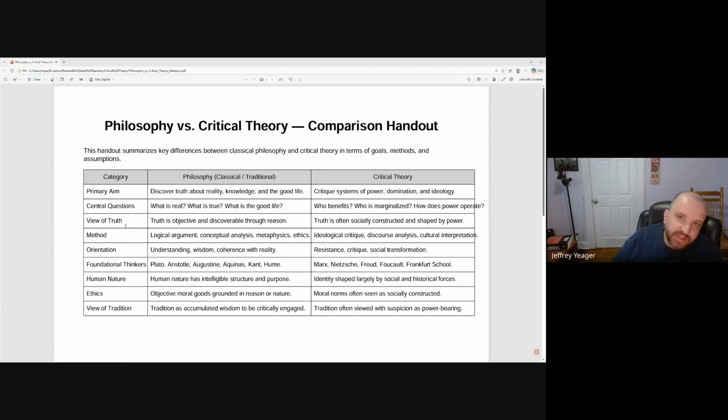Critical theory, on the other hand, mostly derives from, and Megan might remember this from taking me for ethics, the philosophy tradition that started in the 19th century with thinkers like Marx and Nietzsche.